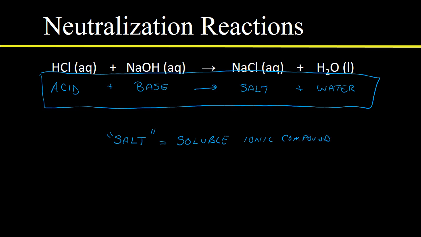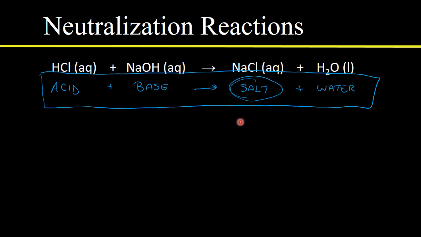So salt in chemistry terminology is a much more general term, and in this statement, an acid plus a base gives you a salt plus water, we mean it in that general term. So the reaction between an acid and a base is always going to give you some kind of inorganic compound, cation and anion together, right? That's the salt, and then the other product is going to be water.